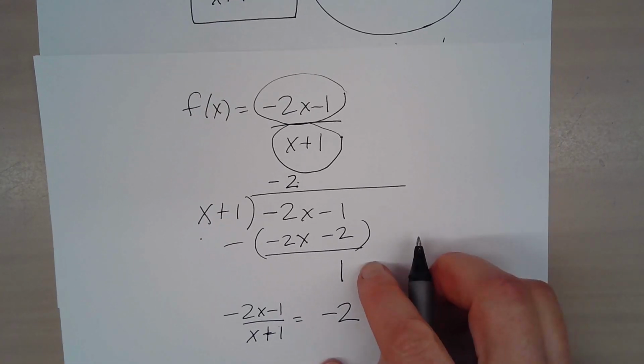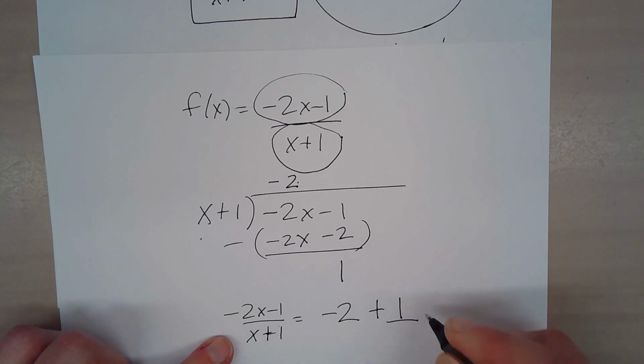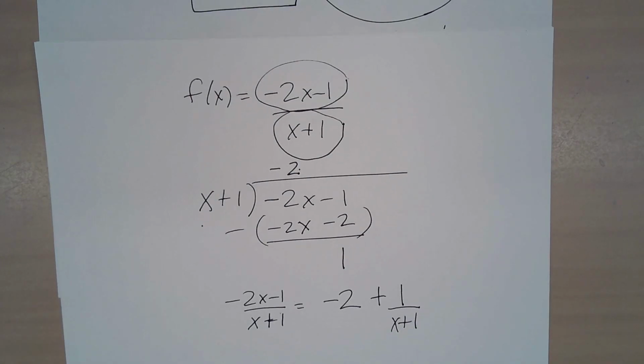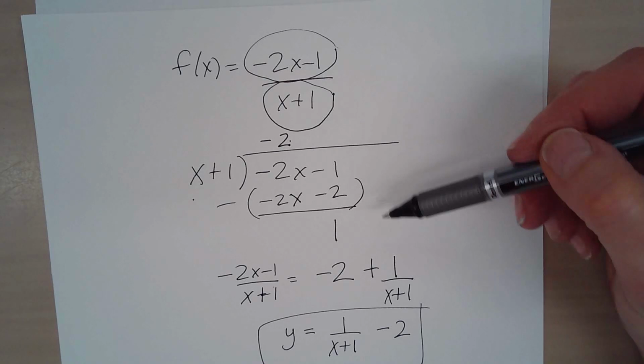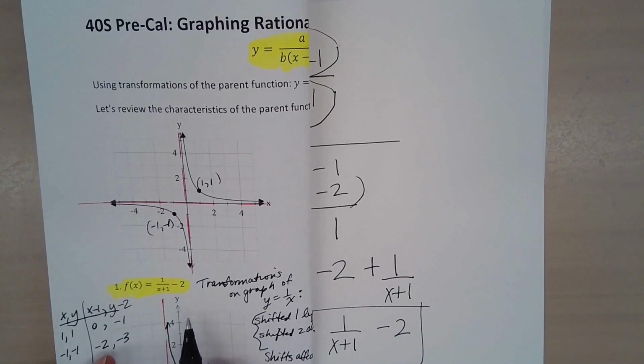And what's my remainder? My remainder is 1, and that 1 gets expressed over x plus 1. So I could also say then y equals 1 over x plus 1, take away 2. So I just converted this back into this form.